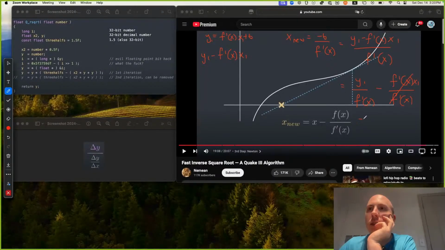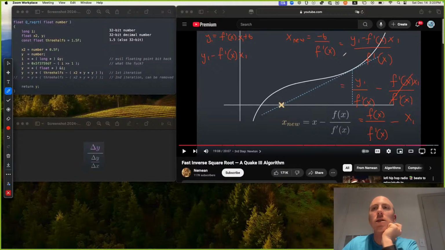In our terminology, y1 was just equal to f of x, and we have f prime of x here minus x1. What were we doing here?